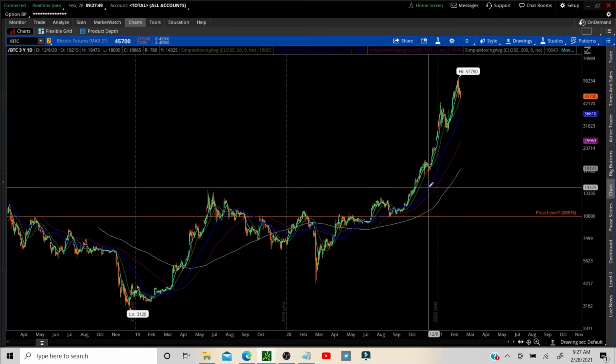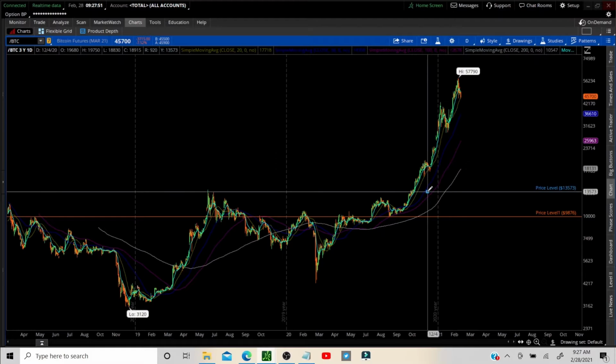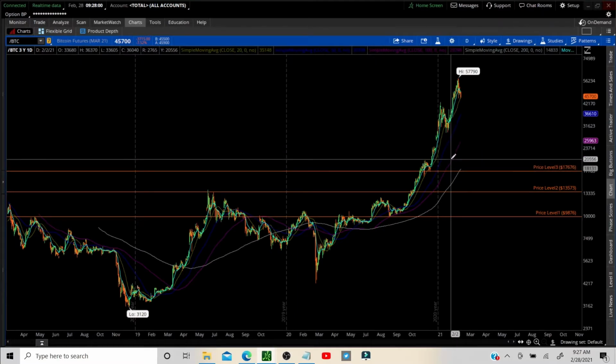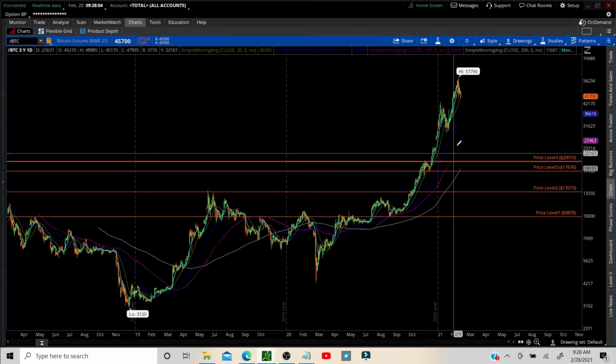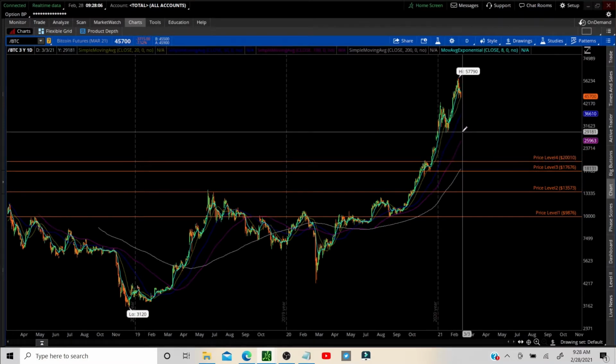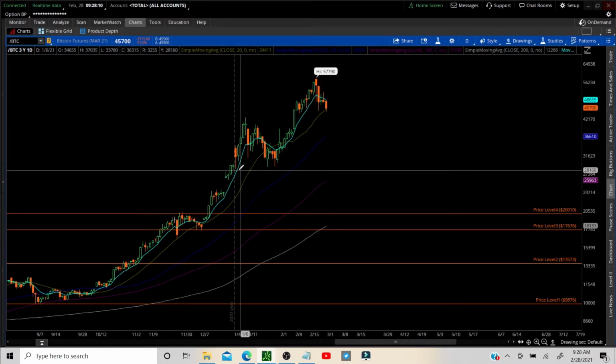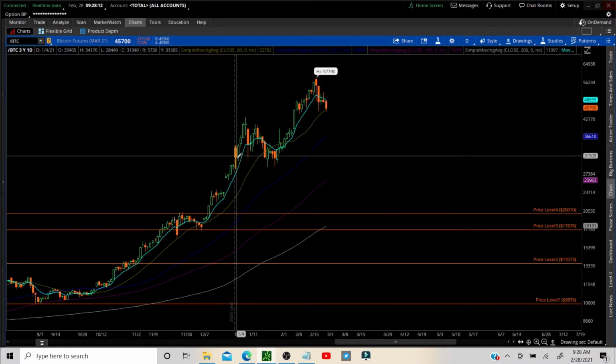Now you can just go to the tip of a lot of these and put on your support underneath where it just touches a few times. That's just as accurate as well. Right there. And if you get closer in here, when you have wicks like this, that means there's some demand there.